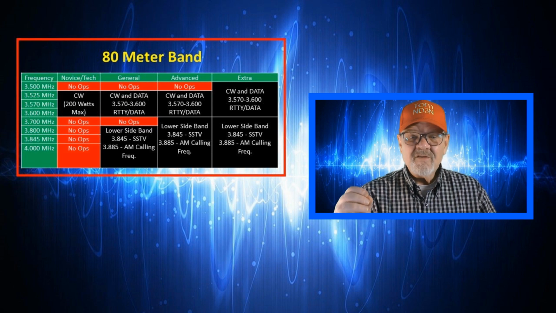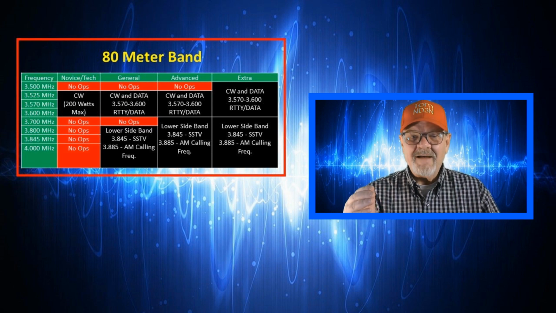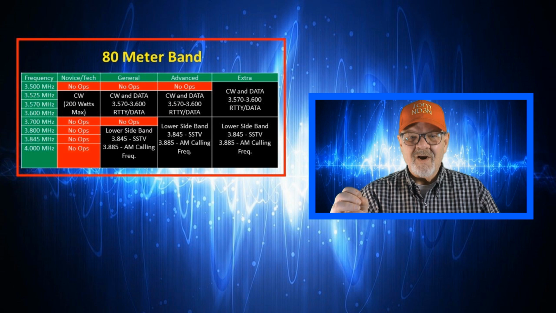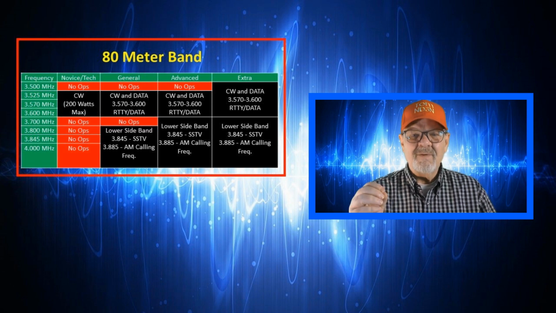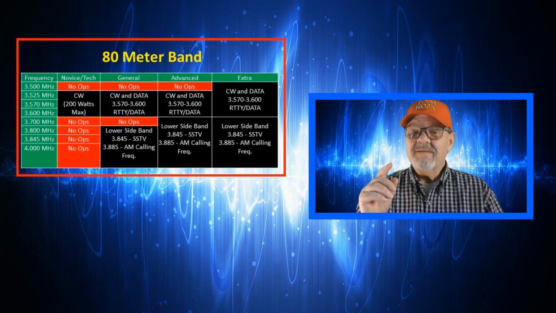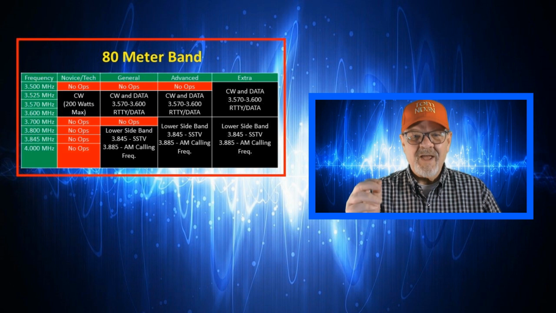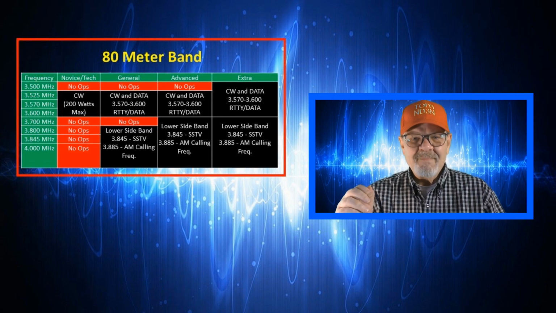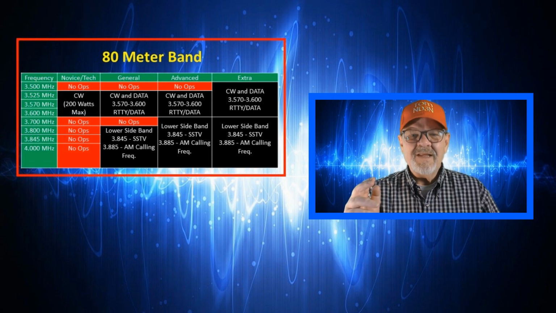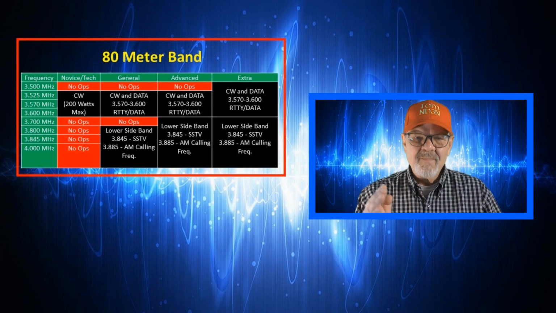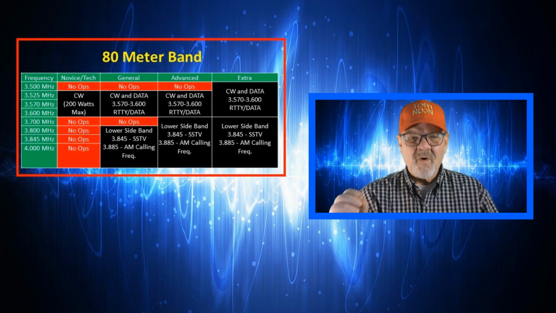Advanced class operators may operate from 3.525 to 3.6 megahertz, again allocated for CW and data modes, and 3.7 to 4 megahertz for LSB operation. Extra class operators may operate CW and data from 3.5 to 3.6 and LSB from 3.6 to 4 megahertz.